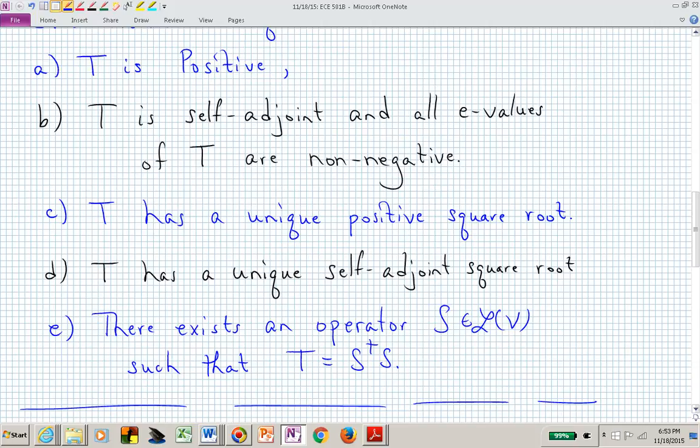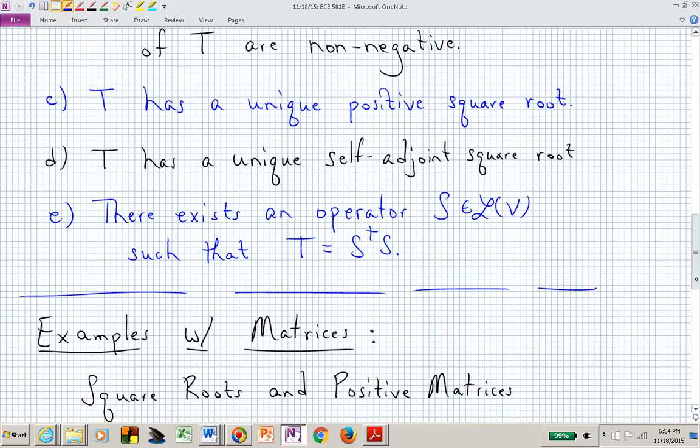So this is just one half of the two pieces of having that positive square root. And finally, the last statement that's equivalent to T being positive and all the others is: there exists a linear operator S on this vector space such that we can write the positive operator T as S adjoint operating on S.